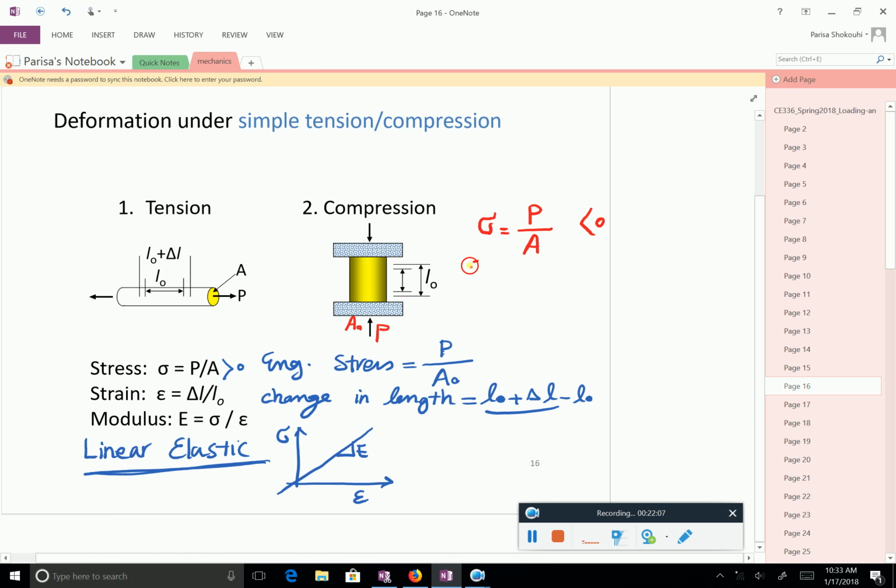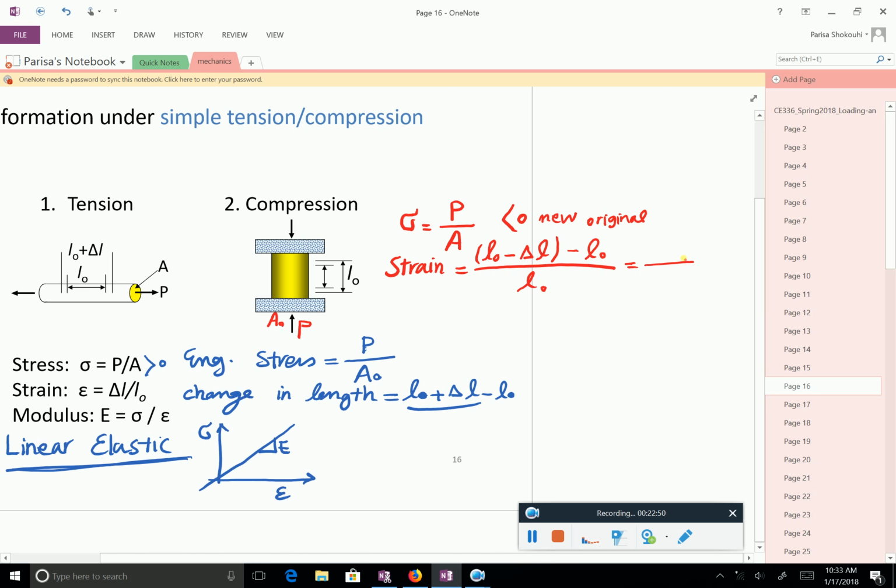A strain here will be, I'll try to write this nicely this time. If you compress something, the length will shrink. Right, so the new length will be smaller than the previous one, let's say by amount delta L. And this is the original length. So now I use parentheses to make sure that things are clear. And then you divide this by the original length.